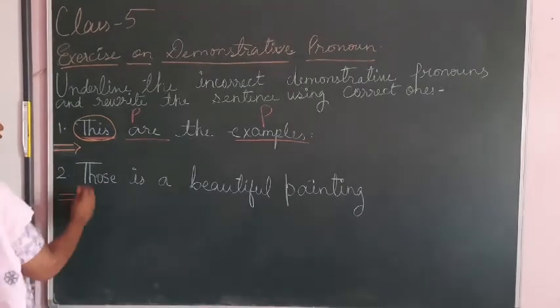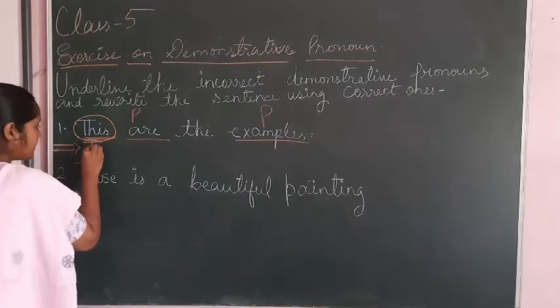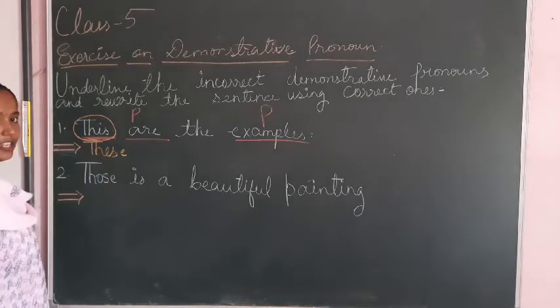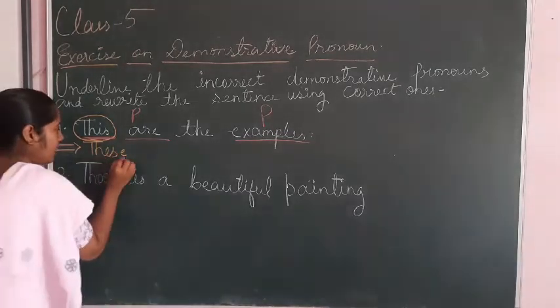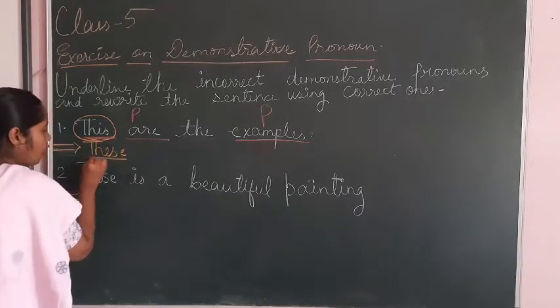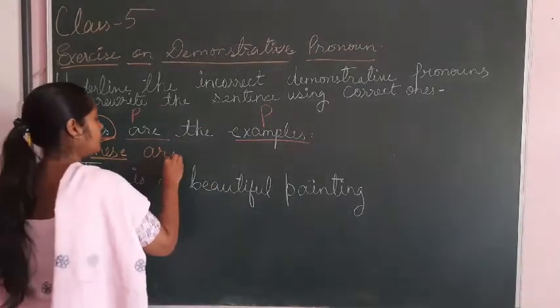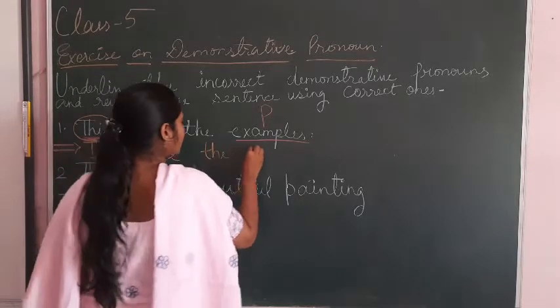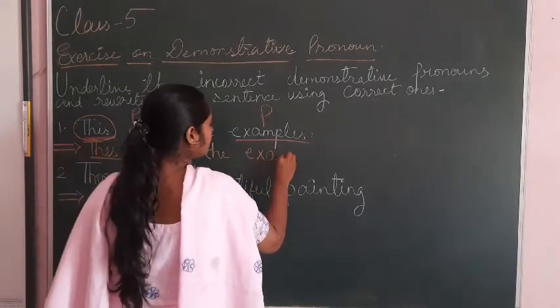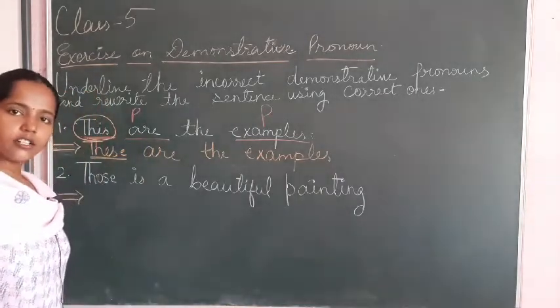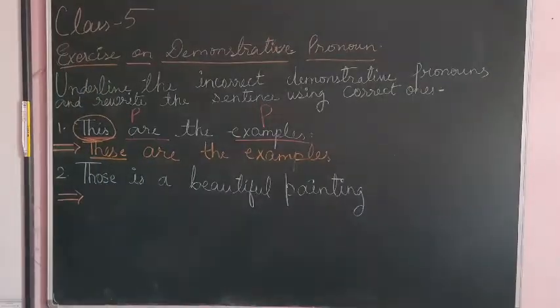Then we will use these. Now this is the plural form. The rest of the sentence is correct. These are the examples. Understood? Now let's move to the next one.